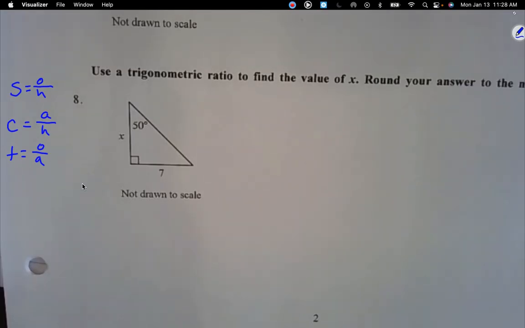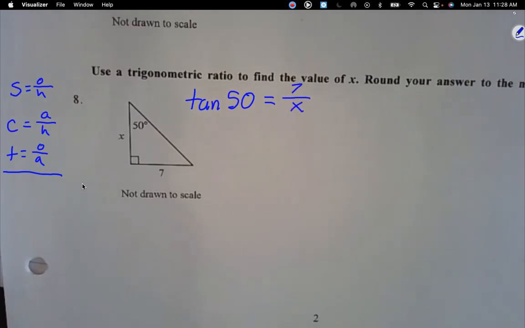I need to decide, am I doing sine, cosine, or tangent with that angle? So it looks like I have opposite and what else? Adjacent. Which one of those has opposite and adjacent? Tangent. Tangent does. So I'm going to write tangent of 50 equals, see, tangent of 50 equals opposite over adjacent. That's going to be 7 over x.